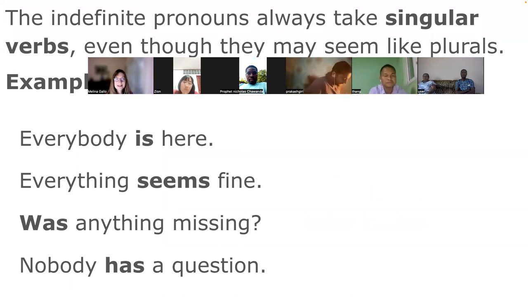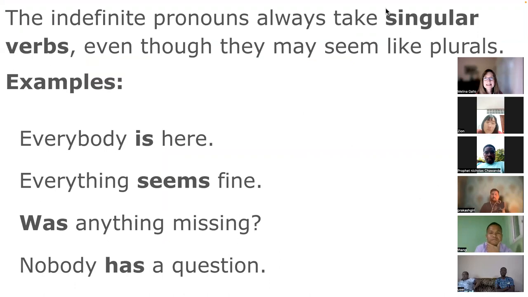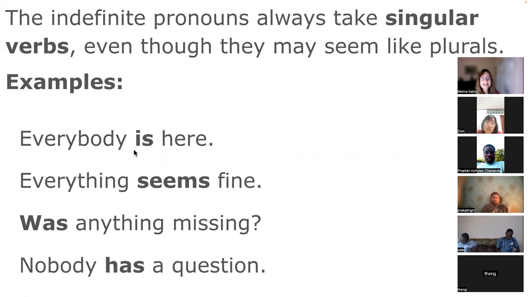Now, an interesting thing about indefinite pronouns is that indefinite pronouns always take singular verbs, even though they may seem like they're plural words. For example, we say, everybody is here. We don't say everybody are here. Everybody is here. Or everything seems fine.